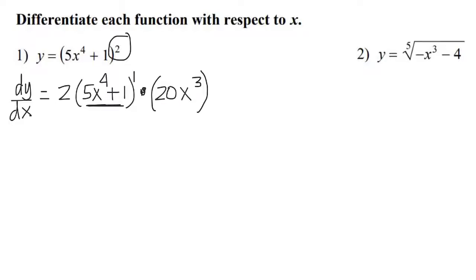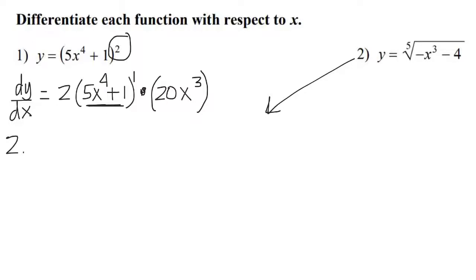All right, so let's try number 2. And I'm going to move 2 down here because it's a little easier to write. So with number 2, we have the 5th root. And so a lot of times going through this, everybody's like, well, you were talking about exponents. I don't see an exponent there. Sure, you don't see an exponent yet.